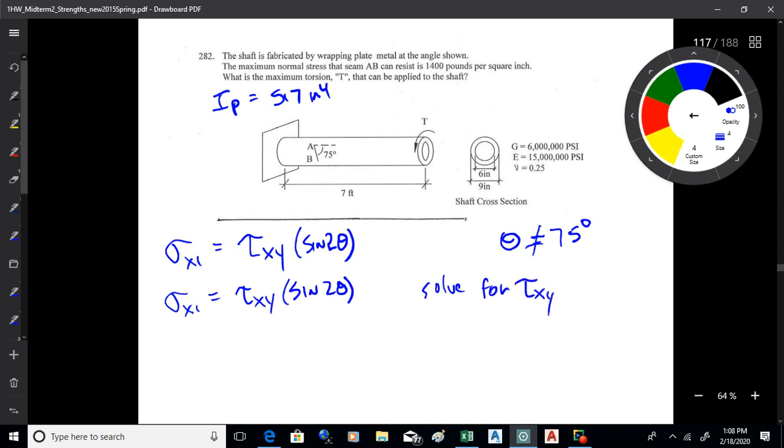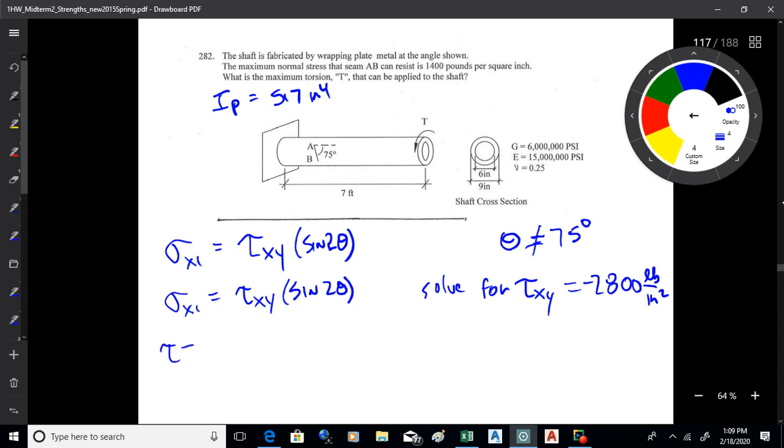And that ought to be 2,800 pounds per inch squared. And actually that's minus is really what it is, because when you look at the shear on that, it's going to come out to be negative. Okay.